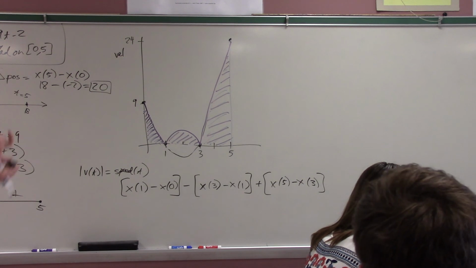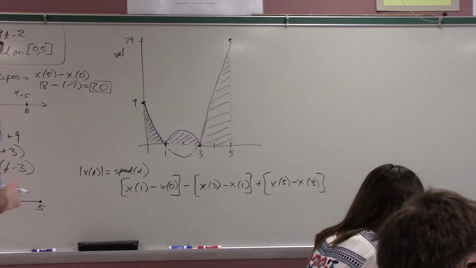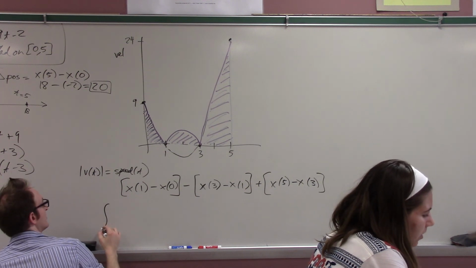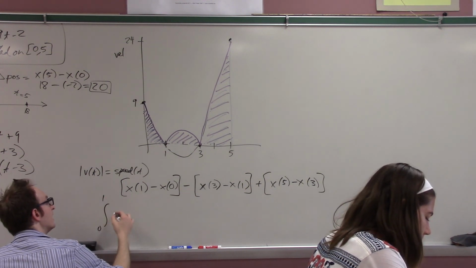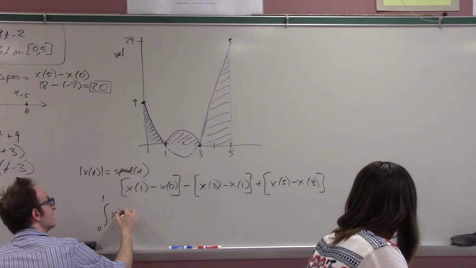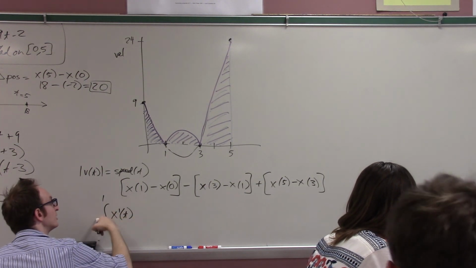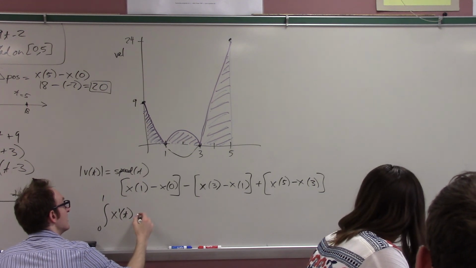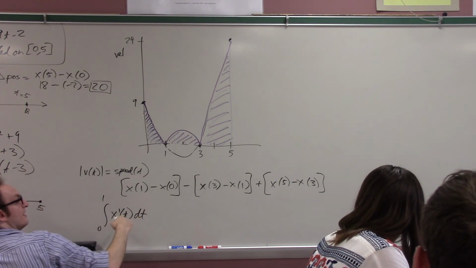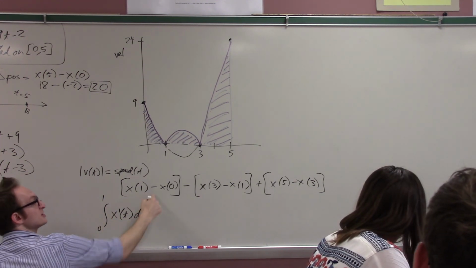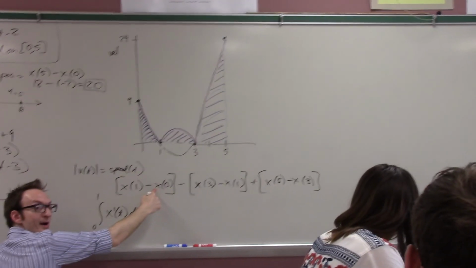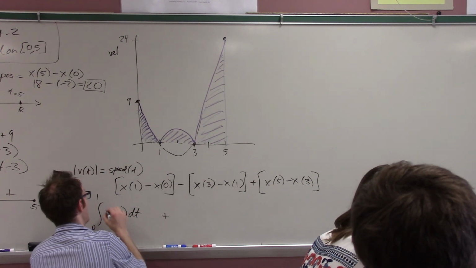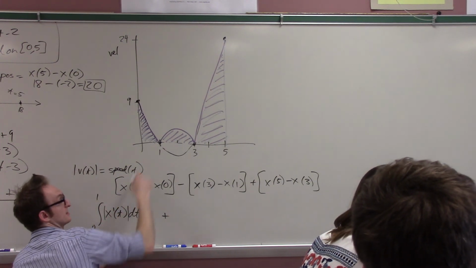But of course I could also do this with an integral, right? What I would do is take the integral from 0 to 1. The book said to take the integral of the derivative of the position function. But of course the integral of the derivative of the position function just is x1 minus x0, right? And then it said to add to it, it actually said absolute value, but in this case it's positive.